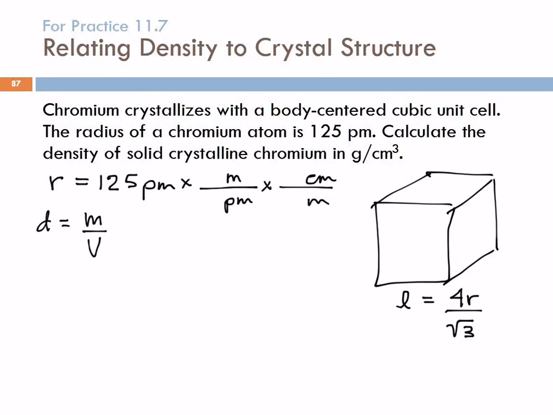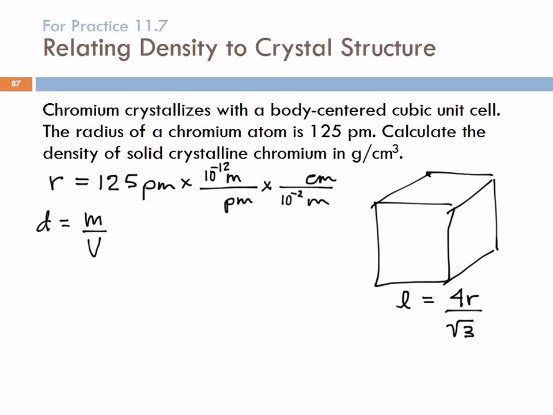We're back. So pico, remember what pico means? Minus 12. The way I remember that is nano is 10 to the minus 9. Pico is smaller, so it's 10 to the minus 12. And then centi is 10 to the minus 2.